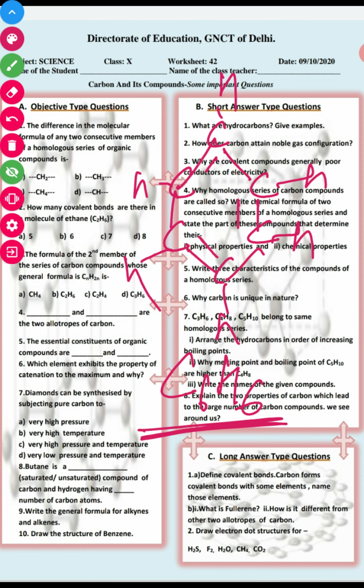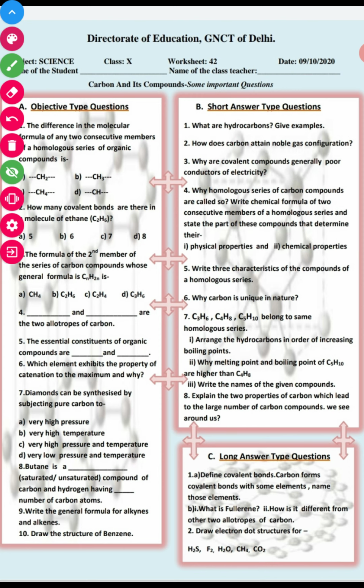And the molecular formula is C6H6. Okay, so now come to the short answer type questions. What are hydrocarbons, and give examples.